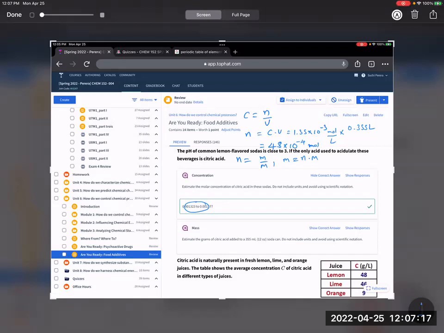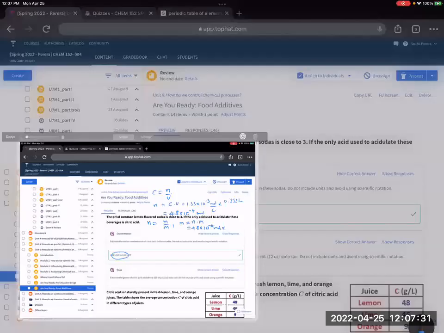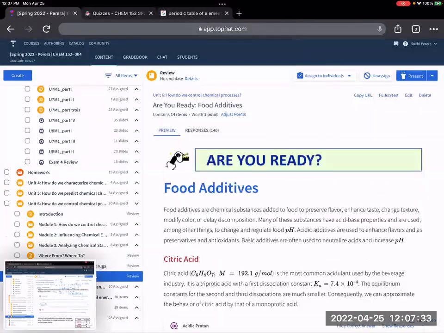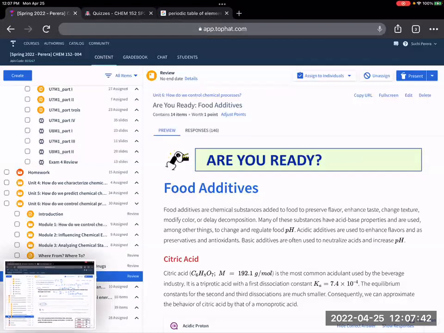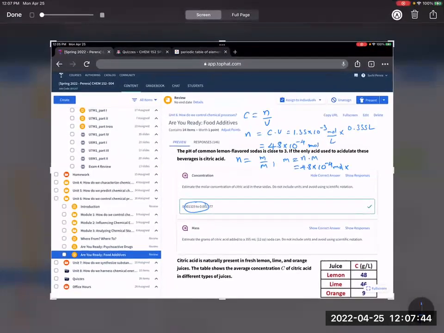Then what we need to do is multiply 4.8 times 10 to the power of minus 4 moles by the molar mass of citric acid, which is 192.1 grams per mole.